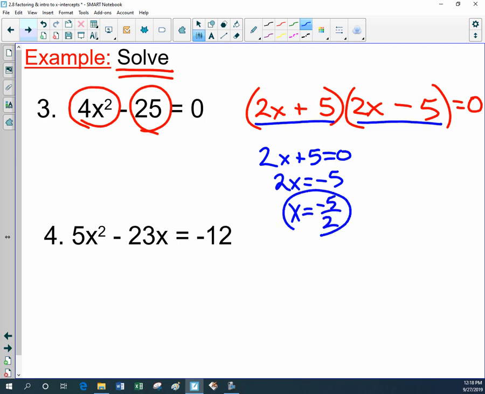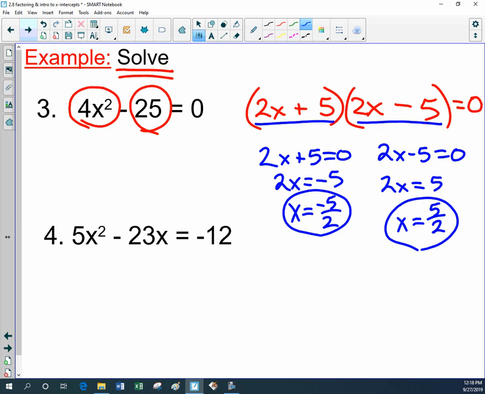So I get x equals negative 5 halves. Set 2x minus 5 equal to 0. So that'd be 2x equals positive 5. x equals 5 divided by 2. So I get x equals negative 5 halves, x equals a positive 5 halves.